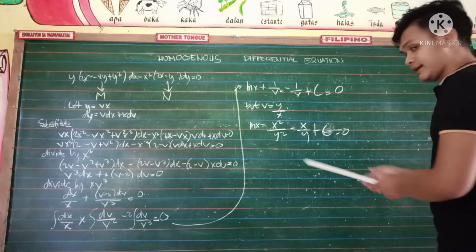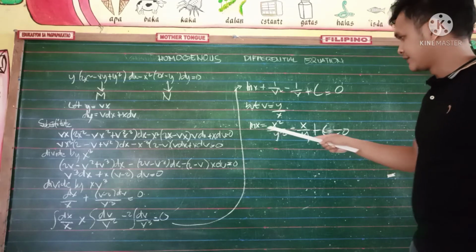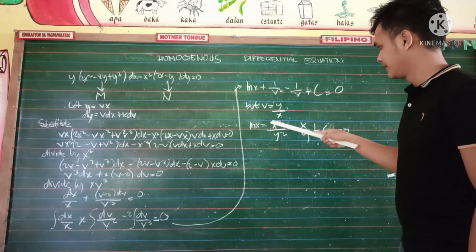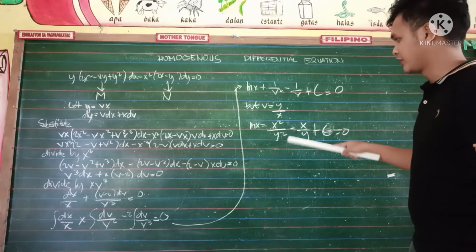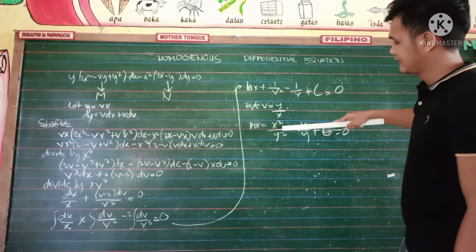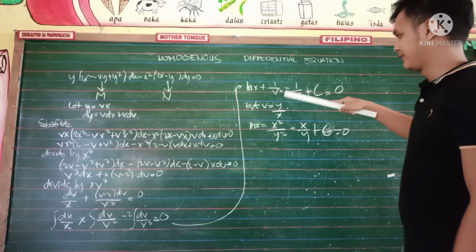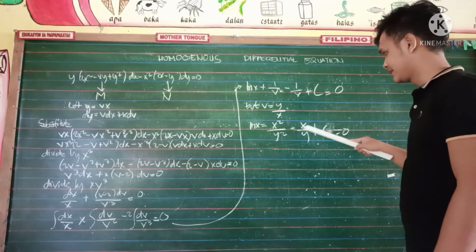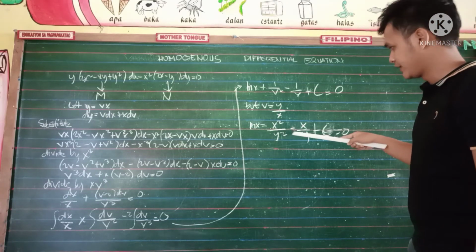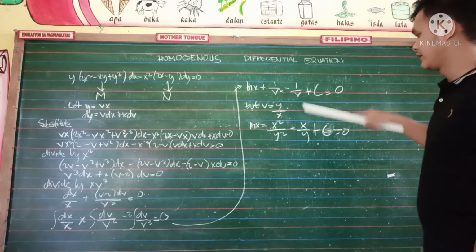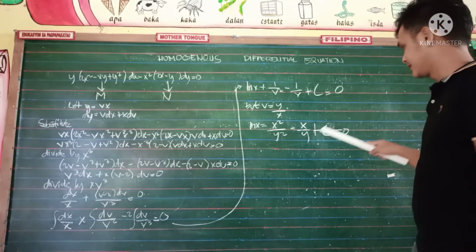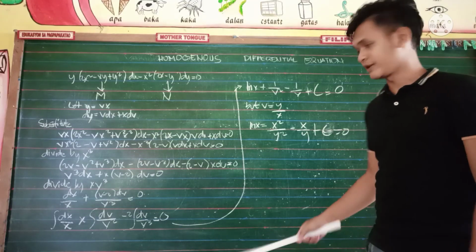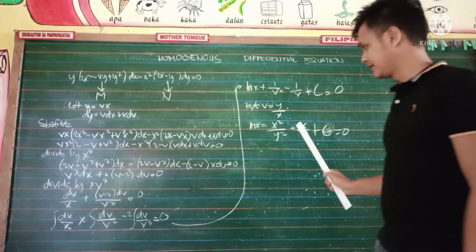So ln of x is equal to, we substitute v, x squared over y squared, because we need to take the reciprocal, since it is 1 over v squared, so it becomes x squared over y squared, and the same for the other term, minus x over y, reciprocal also, plus c is equal to 0. And this is our final answer, and it is a general solution because the constant is not defined.